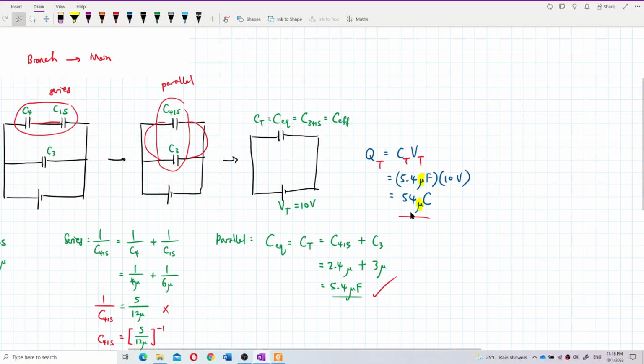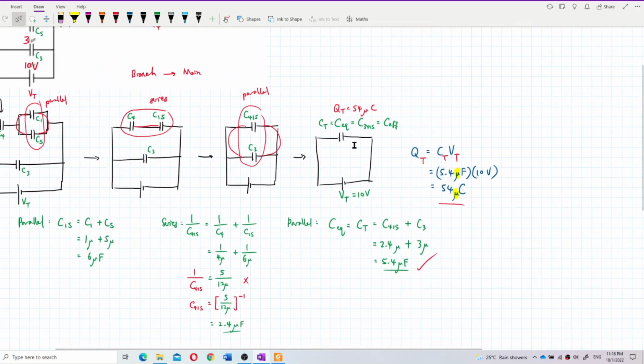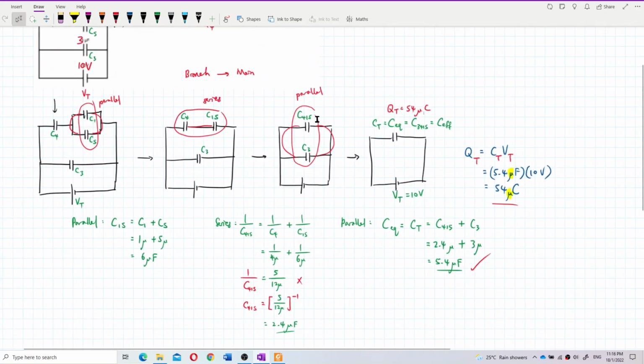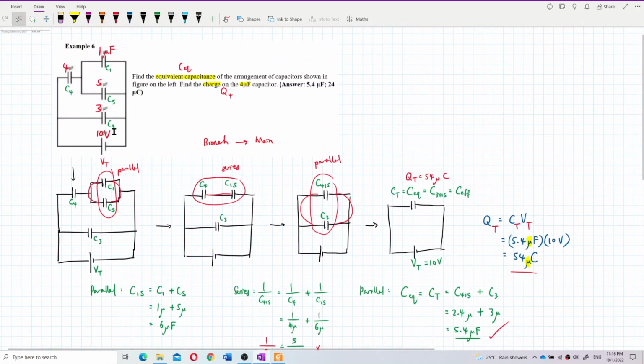I can write it over here. My Q total I got is 54 microcoulomb. Okay, how will this help me? Let's find out. Now build some relationship.